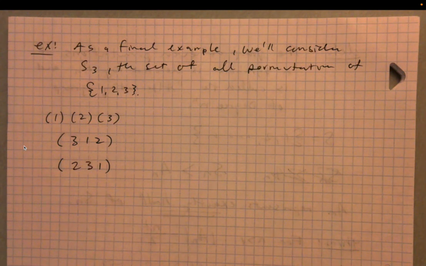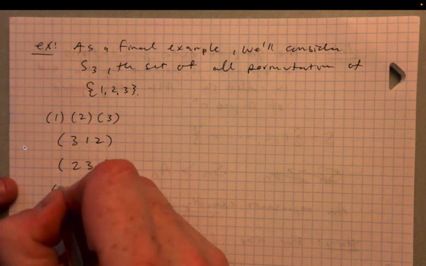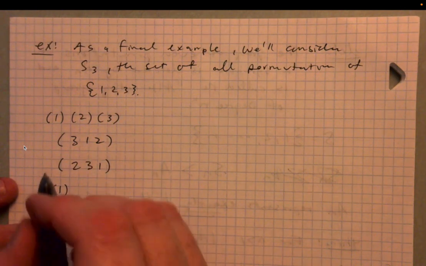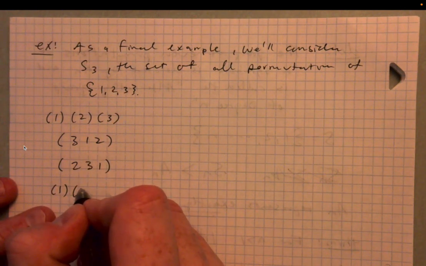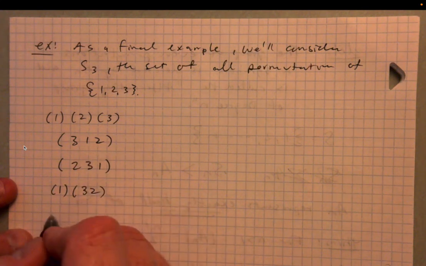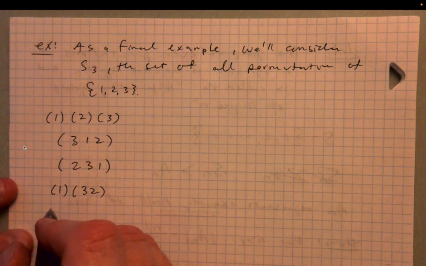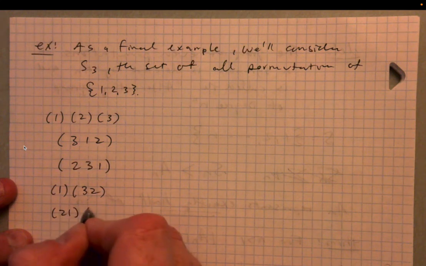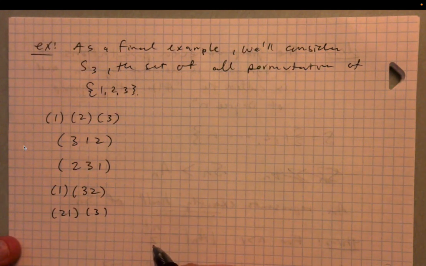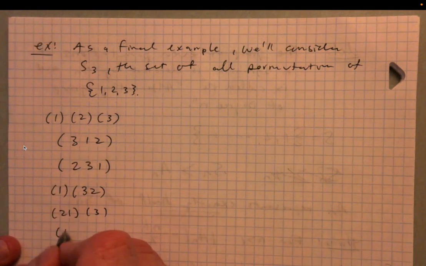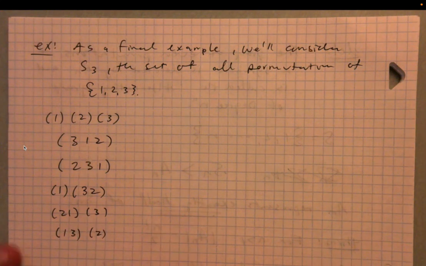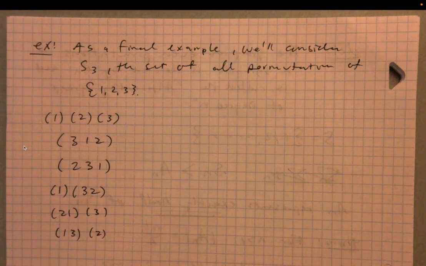Okay, then the other one is where we fix 1 and we let 3 and 2 switch places. And then we could let 2 and 1 switch places and fix 3. And then we could fix 2, and so 1 and 3 are going to rotate around. Okay, so these are all of the elements of S3.